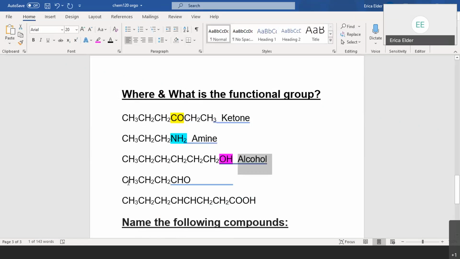Here we have a series of carbons attached to their hydrogens. And once again, we get to the end and we see, oh my goodness, that looks to be a little bit different than anything else I've seen. So I look to the left of this hydrogen and I see I have it bonded with a carbon.